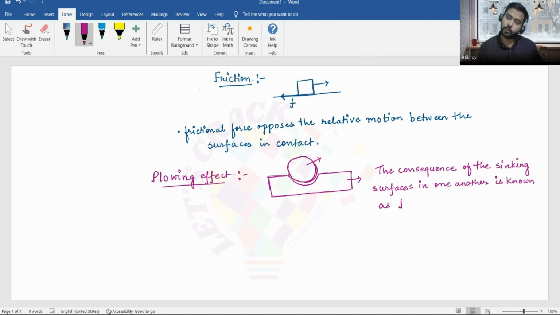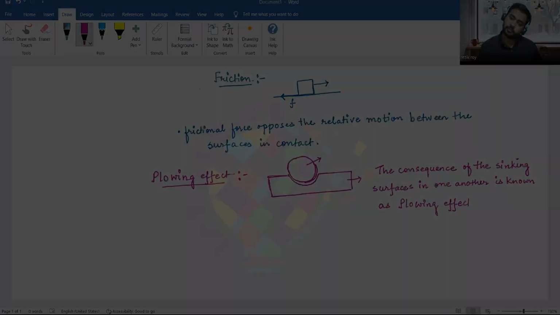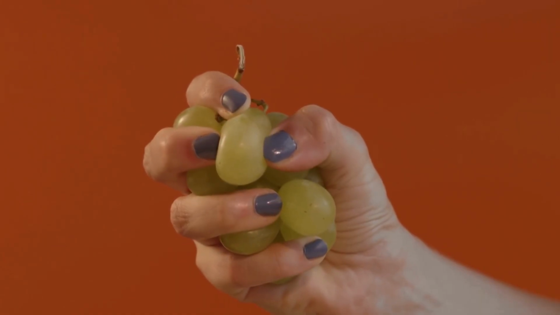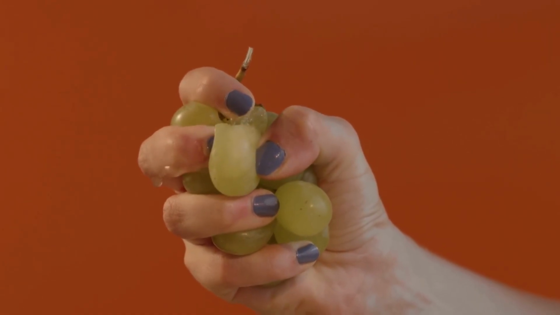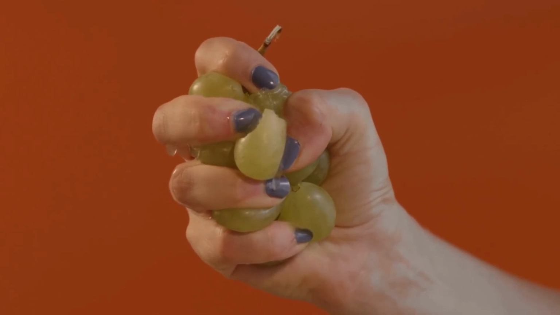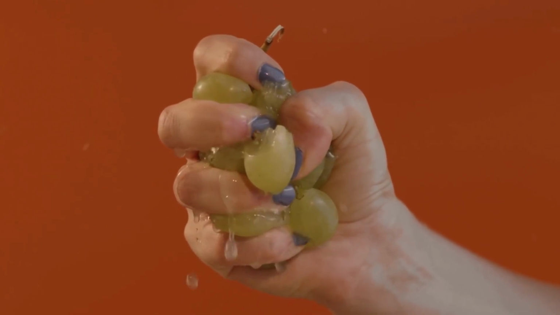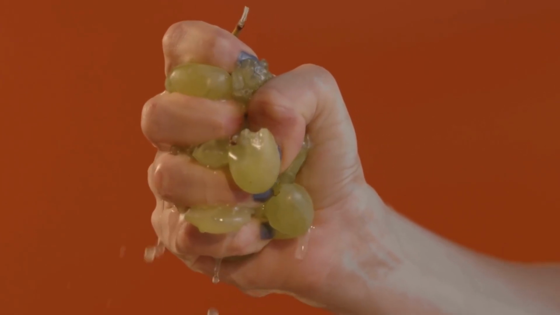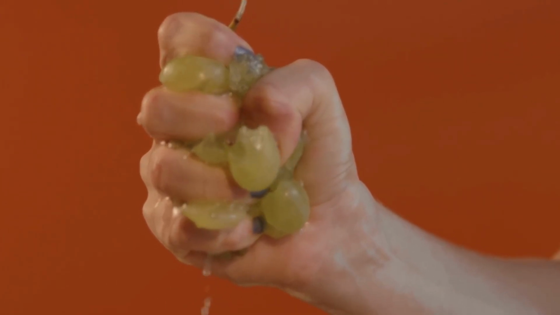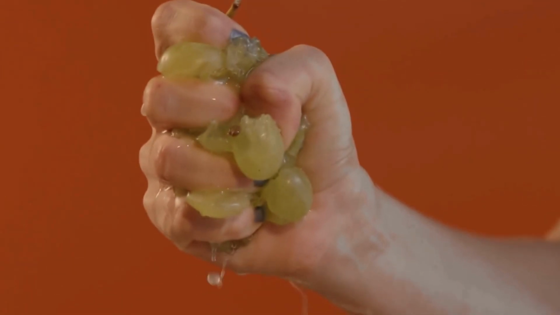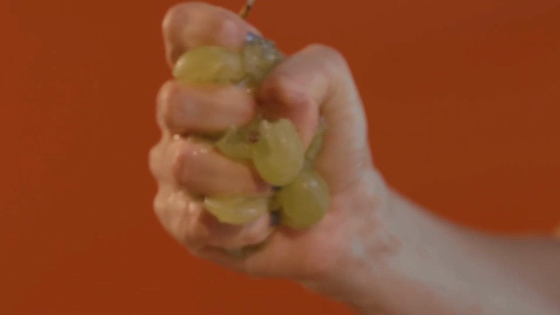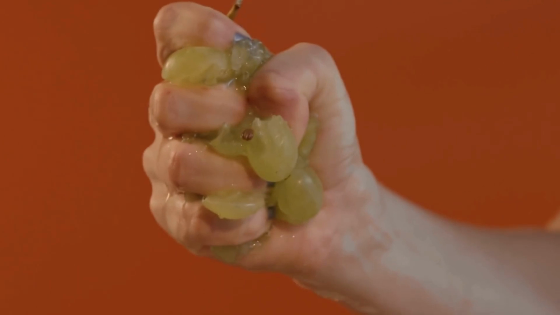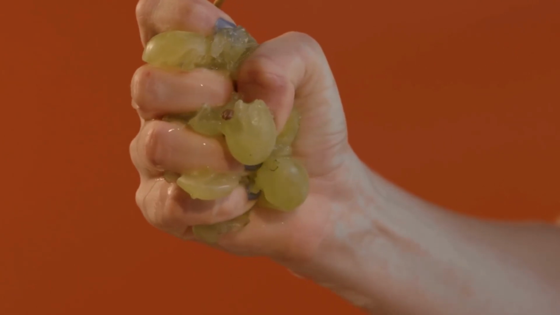Because of this ploughing effect, the softer material will get deformed. Since it is deforming, the material which is heavier or harder will sink down, and the two surfaces will come in contact with each other. This is known as the ploughing effect.